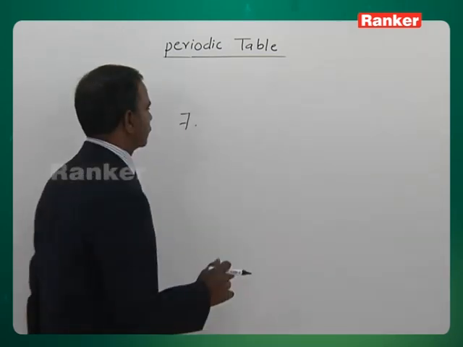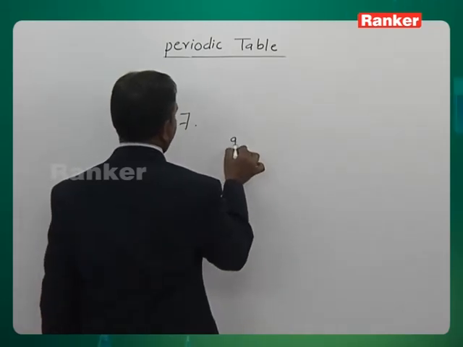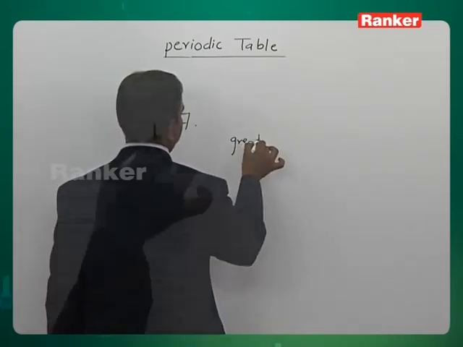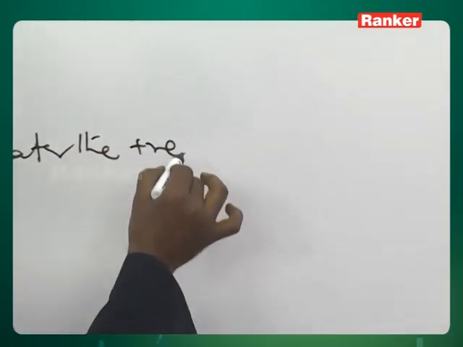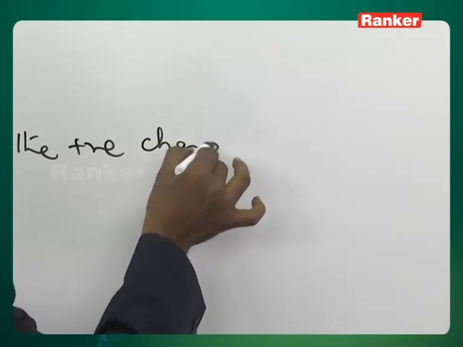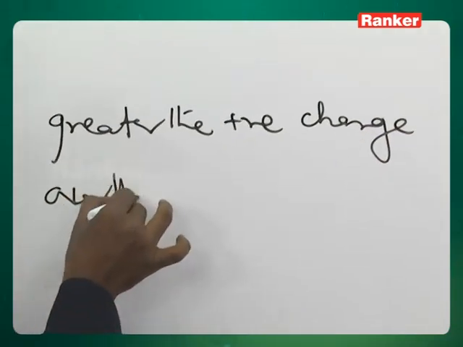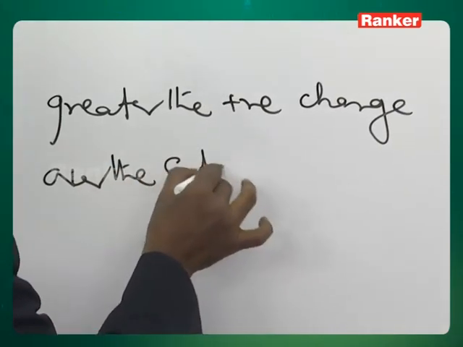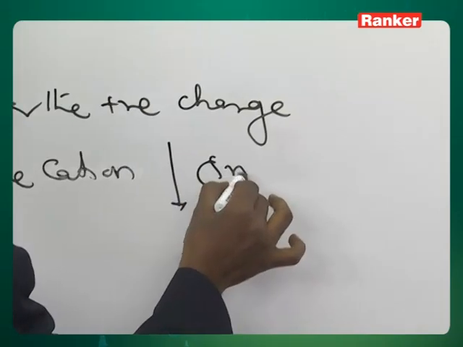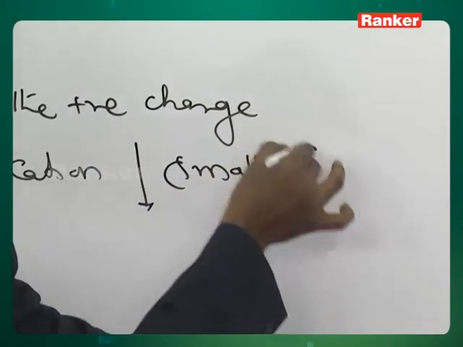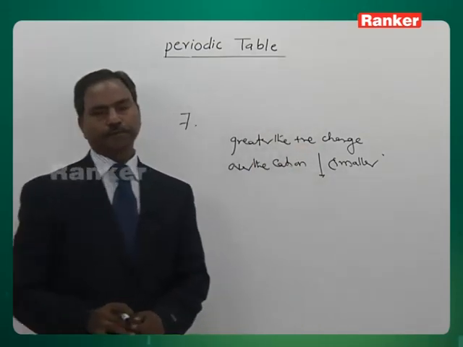Look here, already given once. Greater the positive charge over the cation, smaller will be the size.